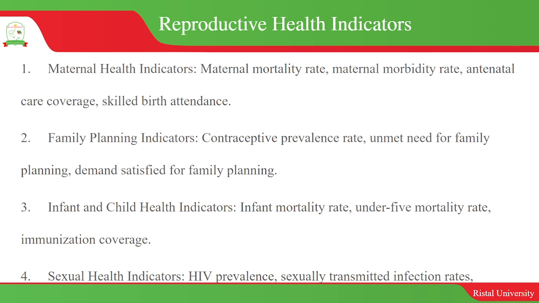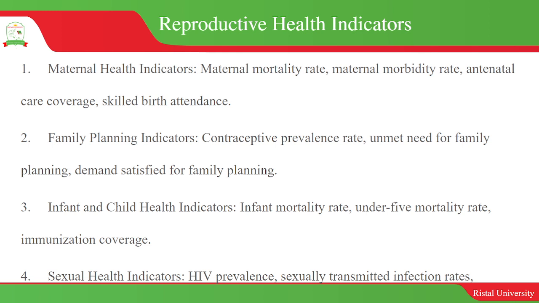Okay, there are quite many, including maternal mortality rate, maternal morbidity rate, antenatal care coverage, and the prevalence of skilled birth attendants. So it's also an example of maternal health indicators.